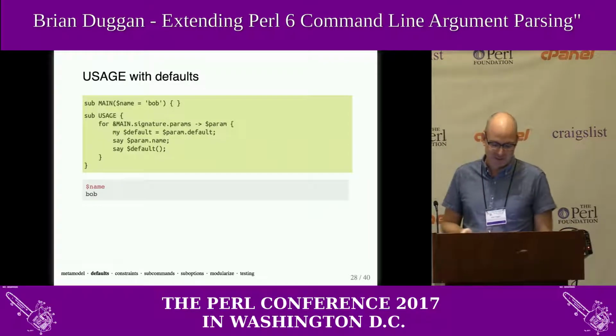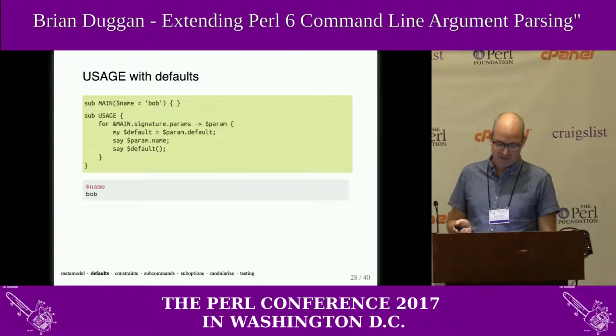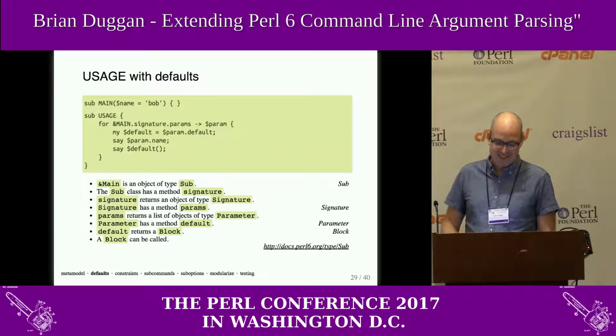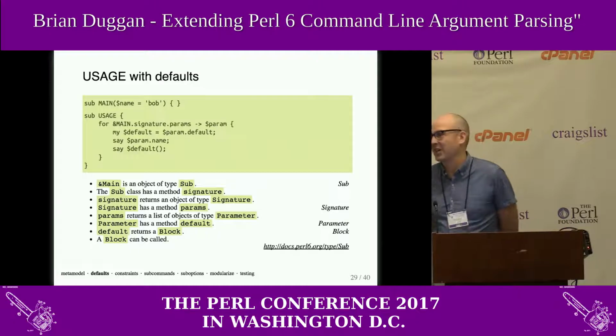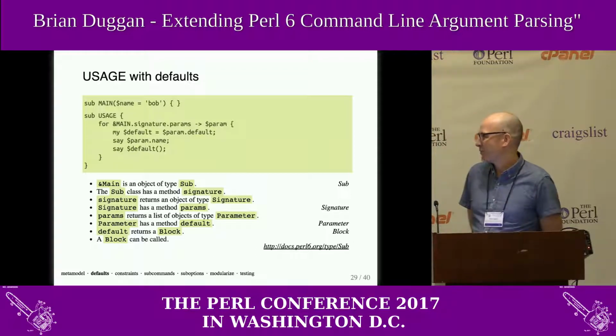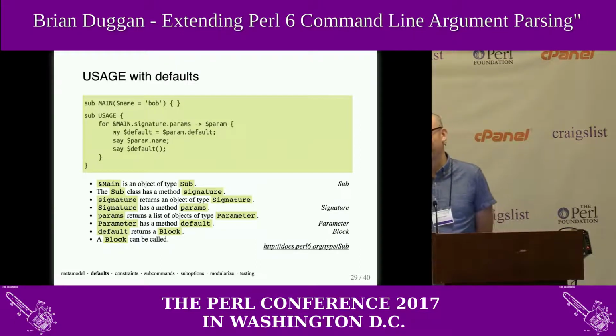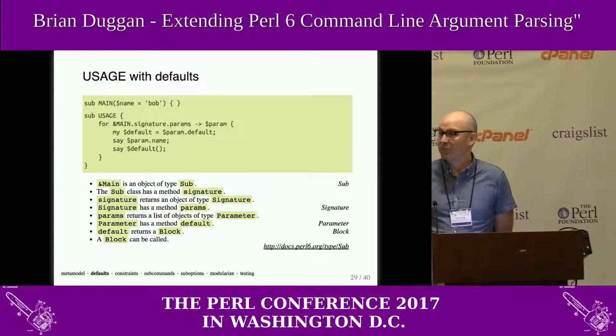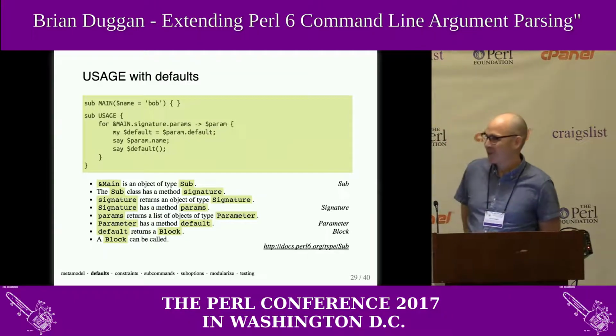Okay, so I'm just going to go through that one more time. Ampersand main is an object of type sub, and then you could look at the documentation for this in docs.perl6.org/type/sub, and you'll see all of the different methods you can call on sub.